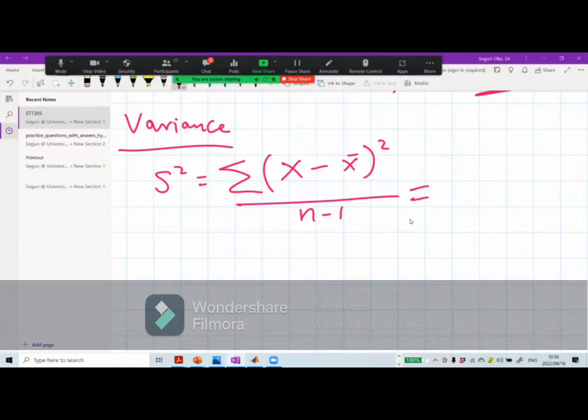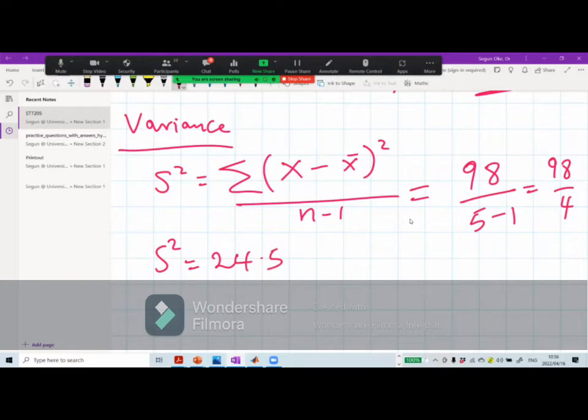Remember, you don't need another table for this. It's the same table you use. We know the summation of x minus x bar squared is 98. 98 divided by 5 minus 1 is 98 divided by 4, so our s squared is 24.5. Now somebody should use 98 divided by 5.